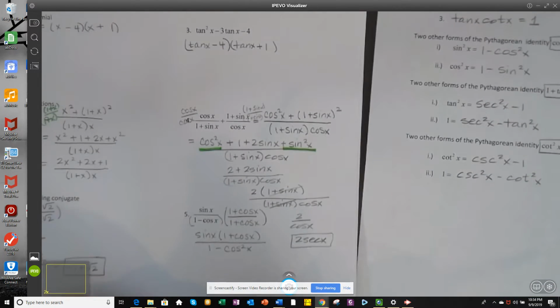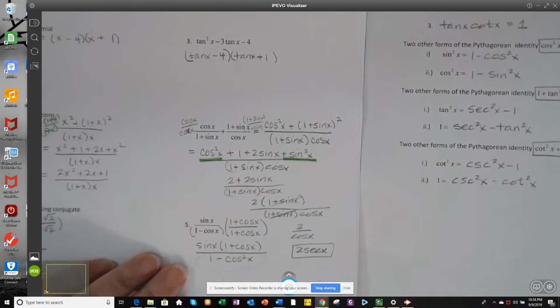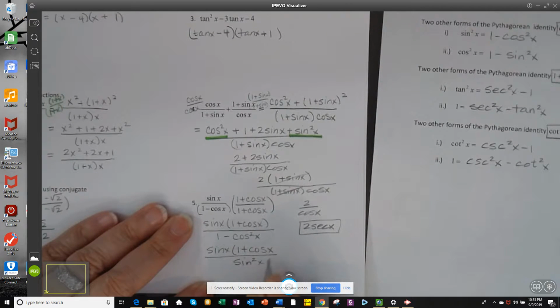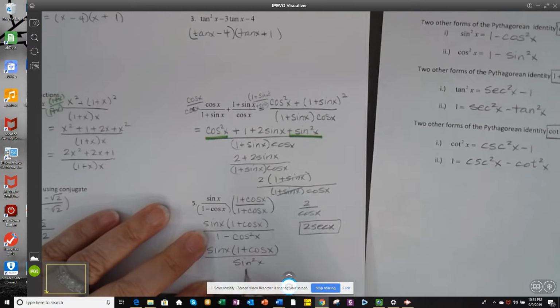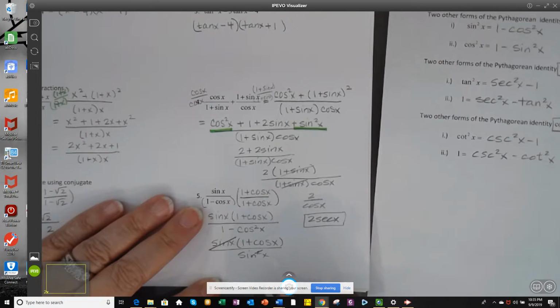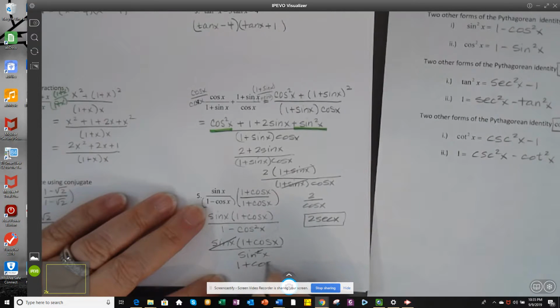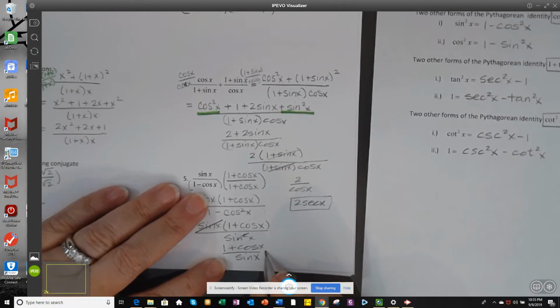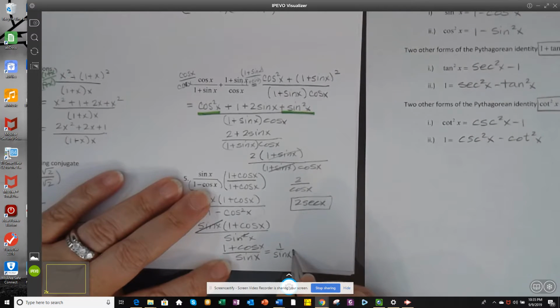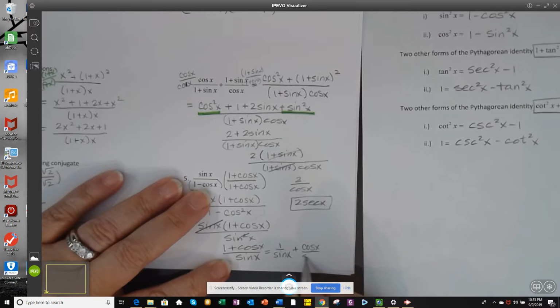So I can replace the denominator, this 1 minus cosine squared x is equal to sine squared x. And then this is now a factor. I can get rid of one of these, and I'm left with 1 plus cosine x over sine x. And then I could bust up the fraction and say 1 over sine x plus cosine x over sine x.